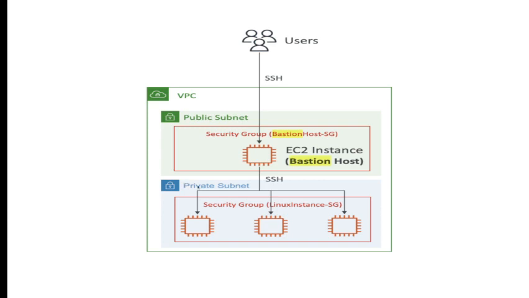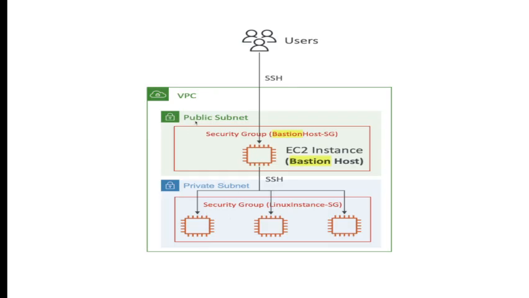Anything here in this lower blue box is going to be in our private subnet, which means that it's going to have a private IP address assigned to it, and it does not have a route out to the internet.